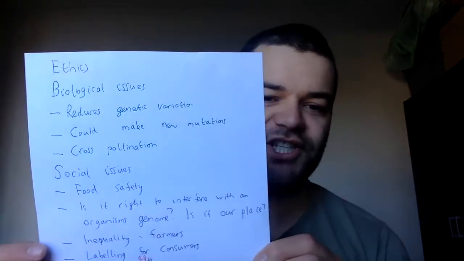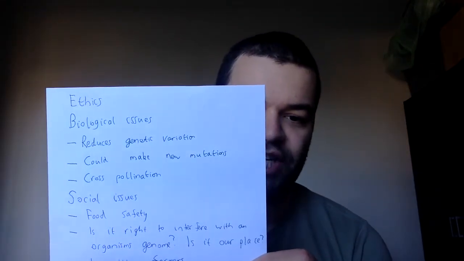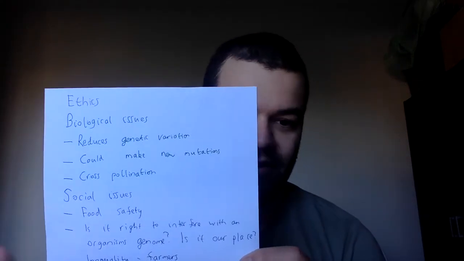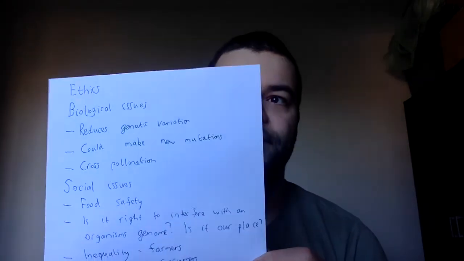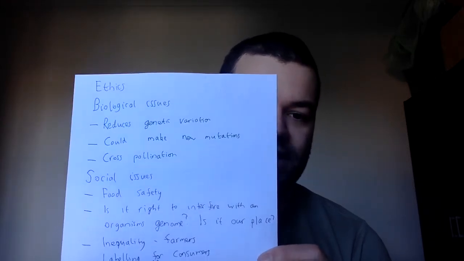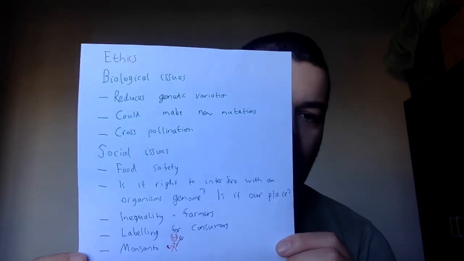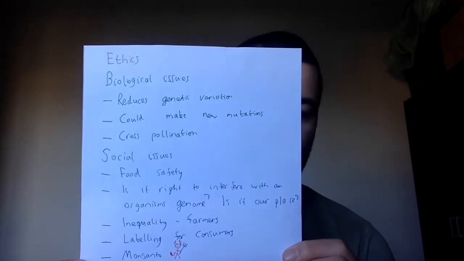But anyway, other issues include, is it right to interfere with an organism's genome? Is it our place to do that? That's one to think about. There's issues to do with inequality in farmers. So obviously some farmers can afford to get access to these crops and others can't. Then there's the issue of labelling for consumers. So even if genetically modified organisms are safe, they probably should still be labelled to make sure that everyone knows they're safe.